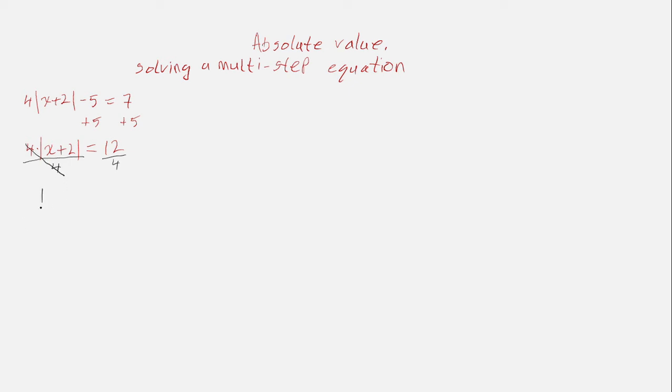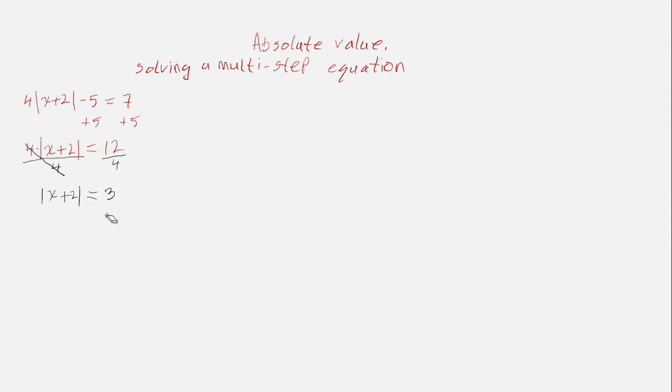And then we have absolute value of x plus 2 equal to 12 divided by 4 is 3. Now, this problem looks much simpler. We have the absolute value on one side, and then all the values that we moved to the right-hand side, in this case, just reduce down to 3.